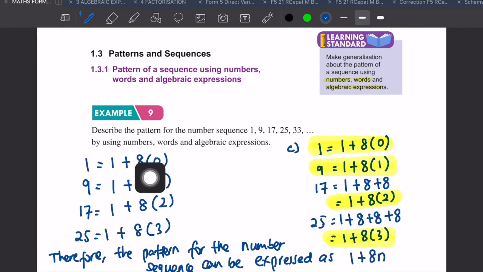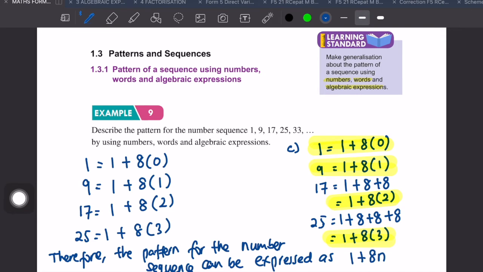You see the repeated numbers, sorry, not repeated numbers. These are the pattern, the consecutive numbers 0, 1, 2, 3 and so on. You can change it to n, where this n will be changing for each number.